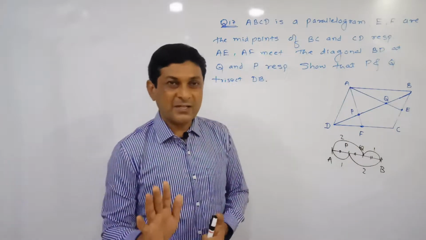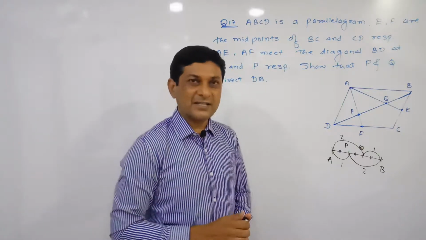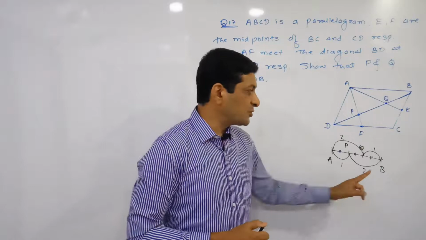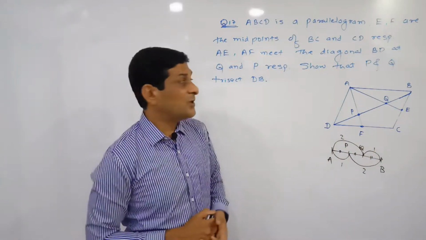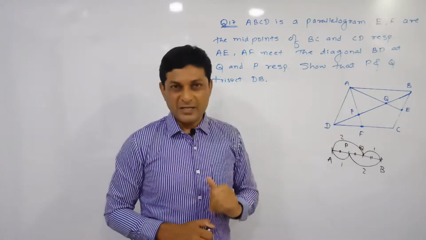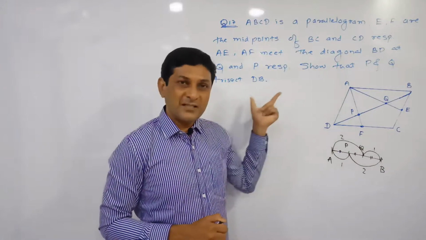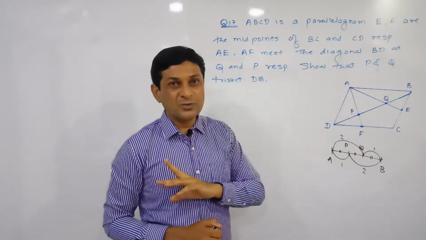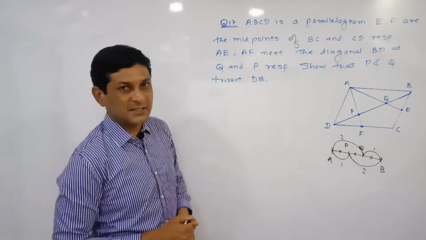So the idea is clear. Here also we have to prove that points P and Q trisect segment DB, means that each point divides the segment in the ratio 1:2 or 2:1. In such cases we can say that it trisects the given segment.